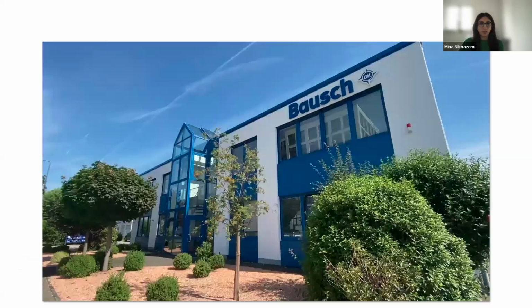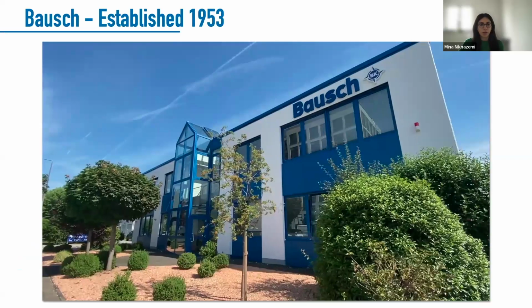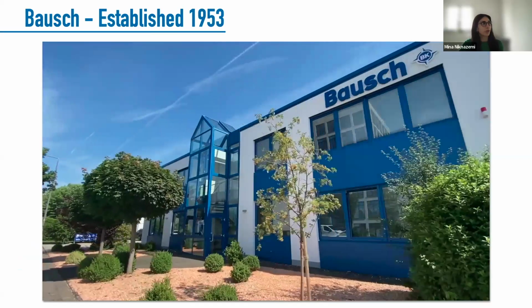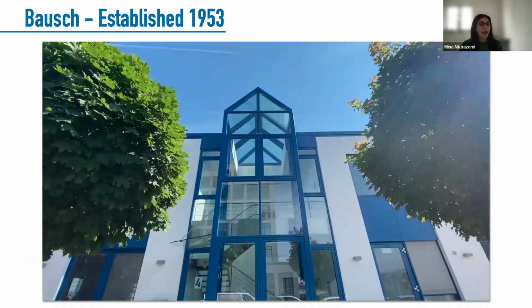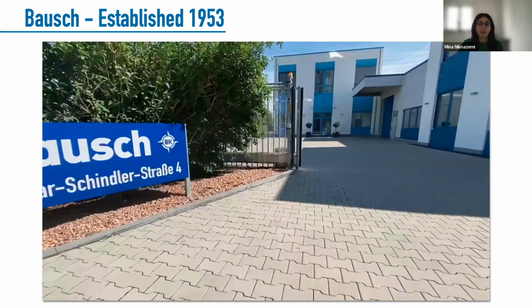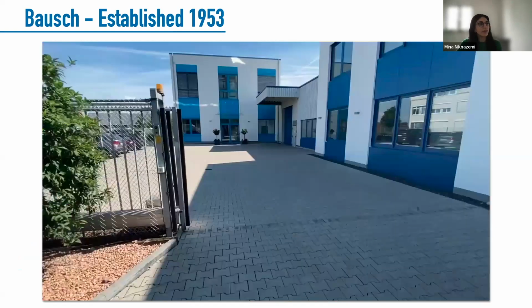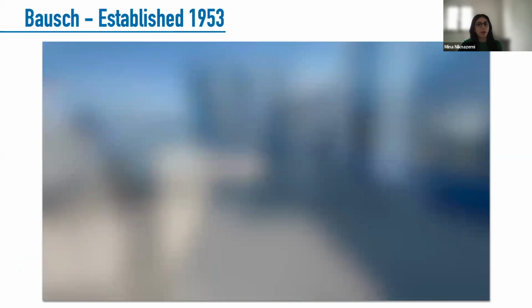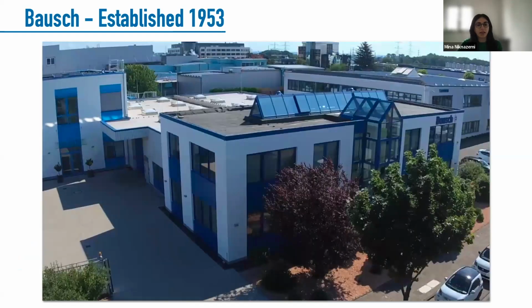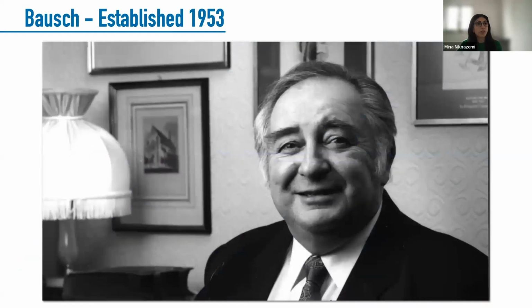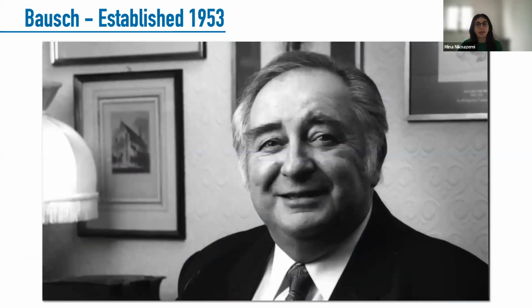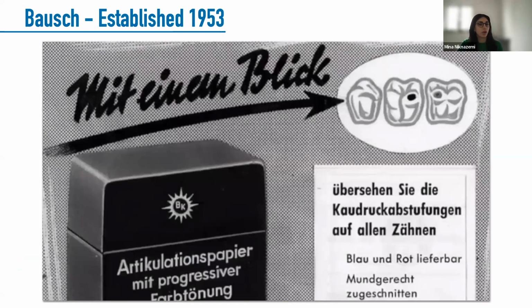First and foremost, a couple of words about the company Bausch. Bausch was established back in 1953 by Dr. Hans Bausch, who himself was a dentist, and he developed the articulating paper with progressive color transfer in 1953 because he was aware of the importance of the masticatory forces and their effect on occlusion.